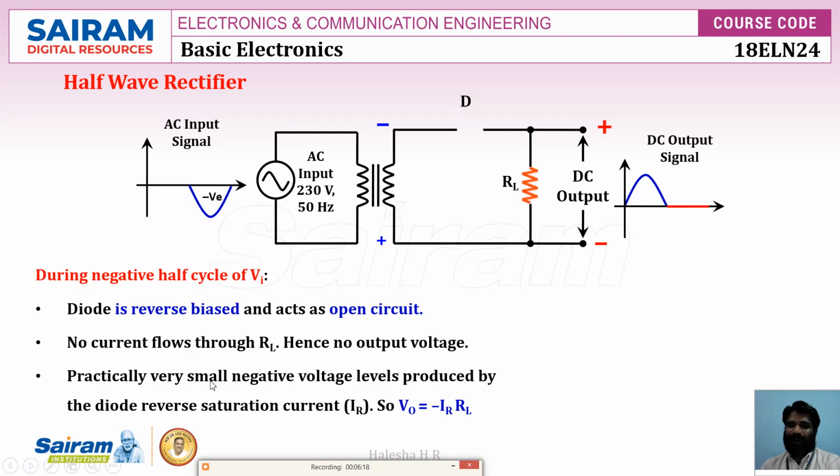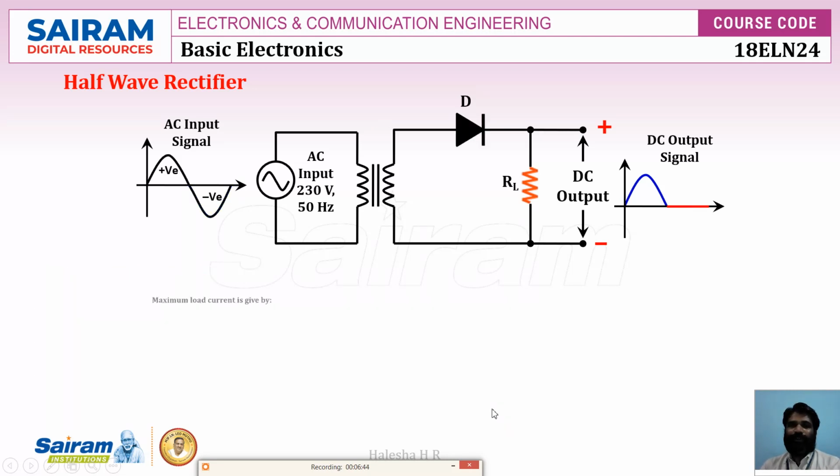Practically there is a very small negative voltage level, because when it is reverse biased, there is reverse saturation current. So Vout is equal to minus IR into RL. Theoretically we say output voltage is equal to 0 and output current is also equal to 0, but practically there is a small voltage, that is minus IR into RL.